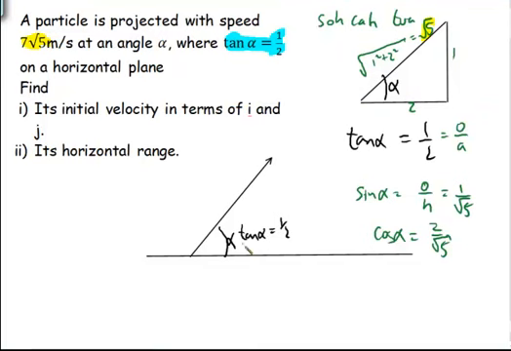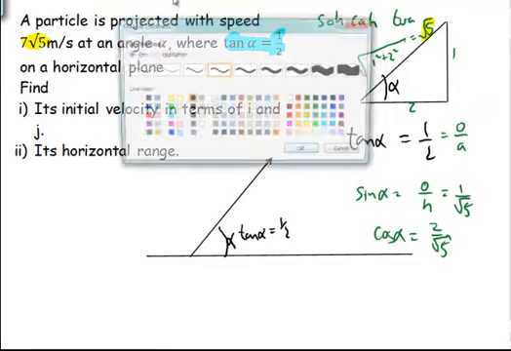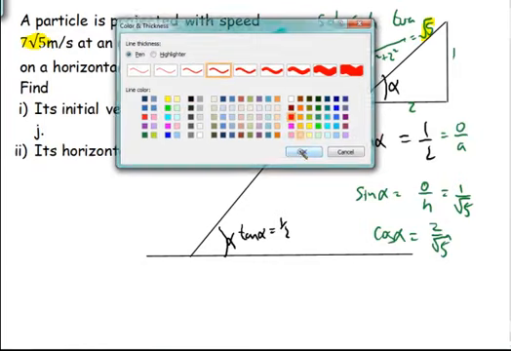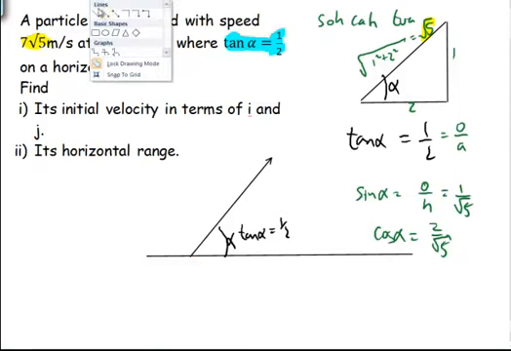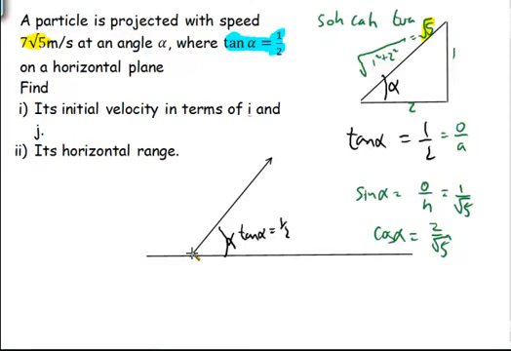So what we need now, and I'll just maybe change the colour of the arrows, instead of this vector written like this here, we need it in its i component and its j component. Now the i component, we'll draw it along here, go along this way, and the j component would be made up of this vector here.